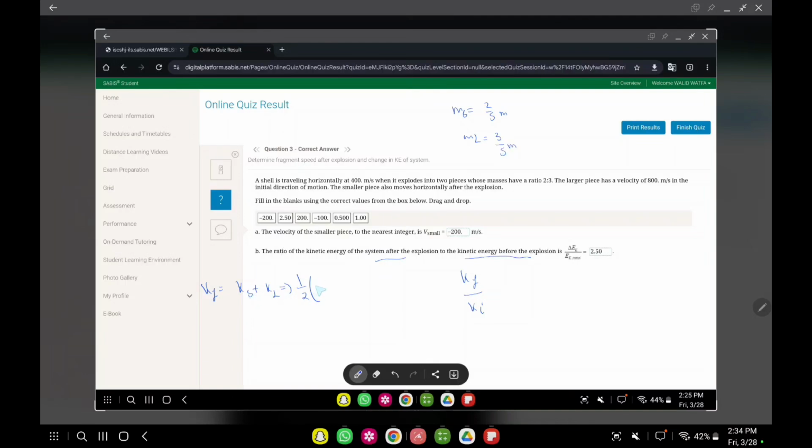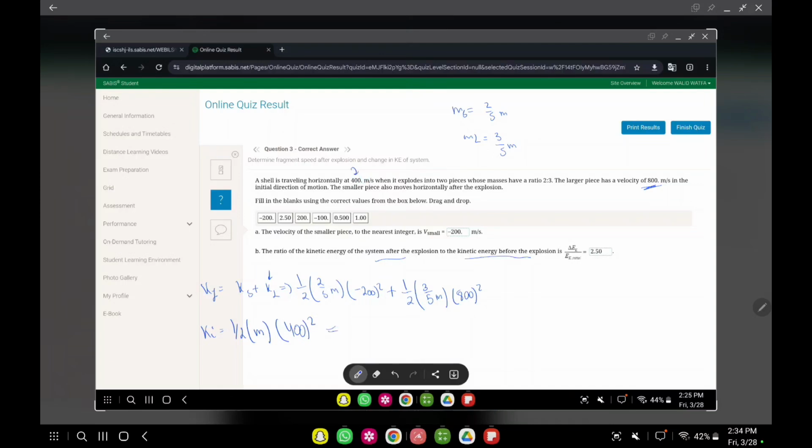So for the small shell it's half times the mass 2/5 m times v squared, so negative 200 squared, plus for the large shell half times the mass, which is 3/5 m, times its velocity squared, which we said is 800 squared. The initial for the big shell, the original shell, is half times its mass, m, times its velocity squared, 400 squared, right? So we want to find the ratio.